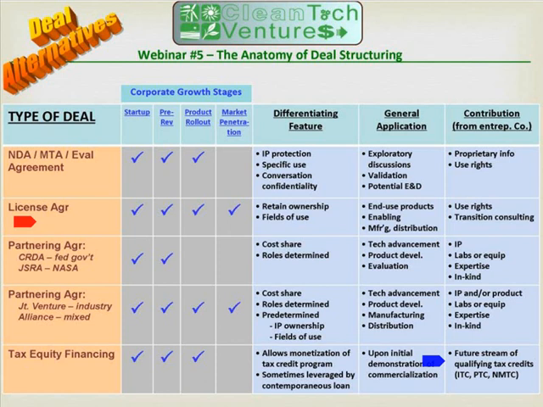Thank you, Mark. Before we go to the next slide, I do want to highlight one other type of transactional deal. It's a partnering deal that involves often the federal government and a private company, or it can involve multiple companies completely in the private sector.